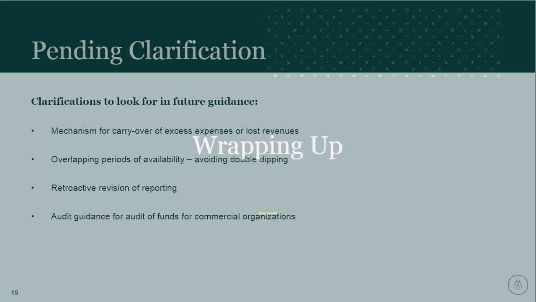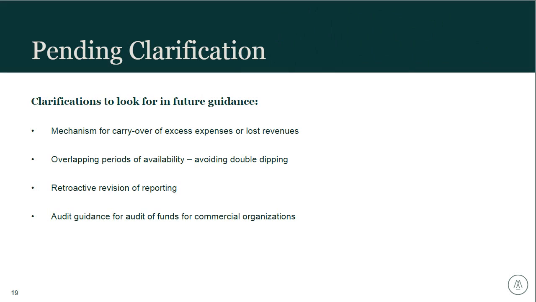All right, so I think we've covered a lot of this in previous discussions, but as a closing summary, these are still some areas where we are waiting on clarification. As Melanie talked about, just what the process is going to be to carry over any excess expenses or lost revenues. The portal really is not contemplating that just yet, and I don't think HHS has gotten that far in how it's going to look.